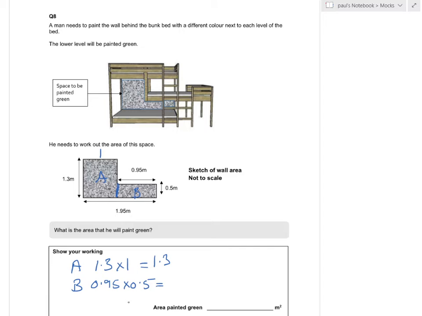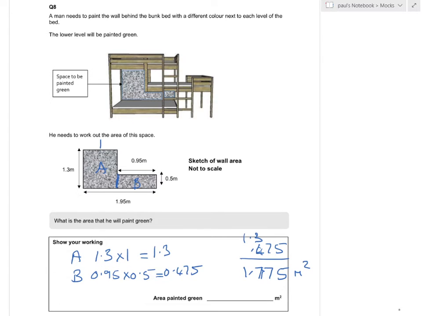It's not very much, it's 0.475. So now we add the two together, 1.3 plus 0.475 is 1.775 meters squared. It isn't very much, is it?